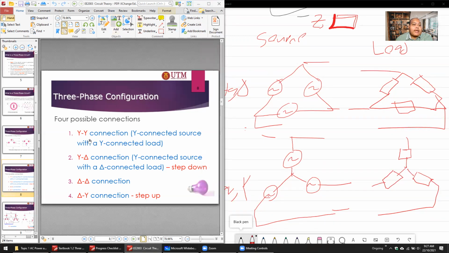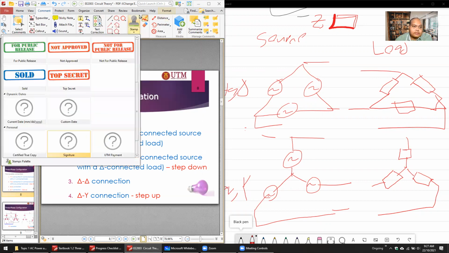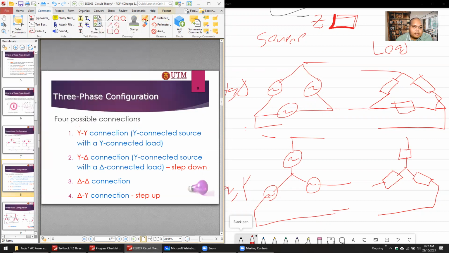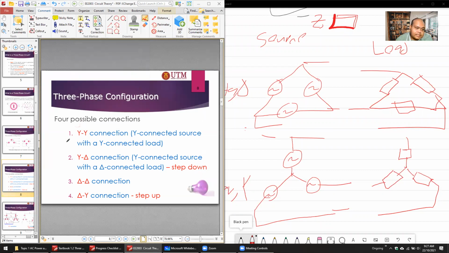You can see here YY means that you have a star load and star source. The first one is the source, the second one is the load.